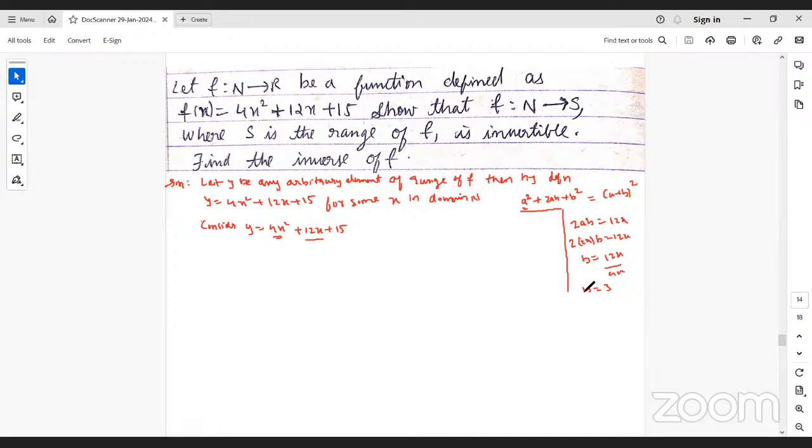Once we get b = 3, we square it: b² = 3² = 9.